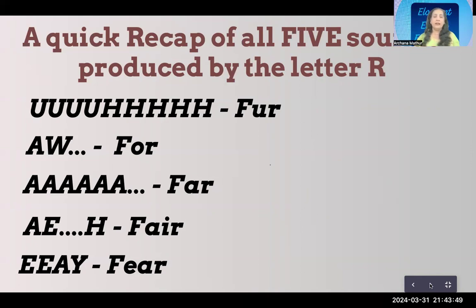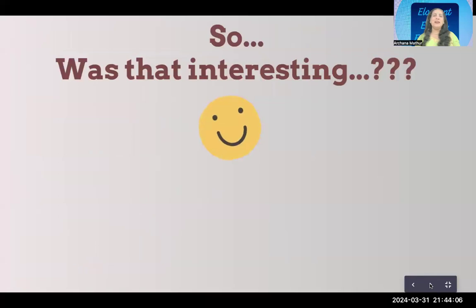Then the last one, ear. So these were the five kinds of sounds that are produced or not produced when R is being used in our words. So was that interesting?